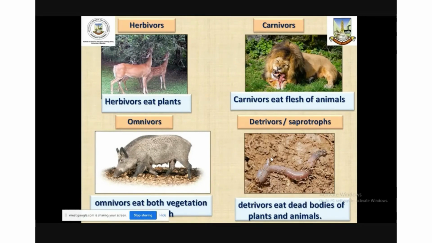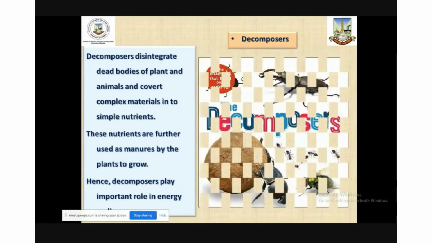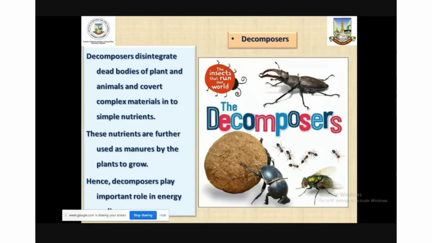And detritivores or saprotrophs are the organisms which eat the dead bodies of plants and animals. Decomposers, on the other hand, include all microscopic organisms or microorganisms which disintegrate or decompose the dead bodies of plants and animals, and which convert the complex chemical materials into simpler substances or simpler nutrients which can further be used for energy cycling in the ecosystem.